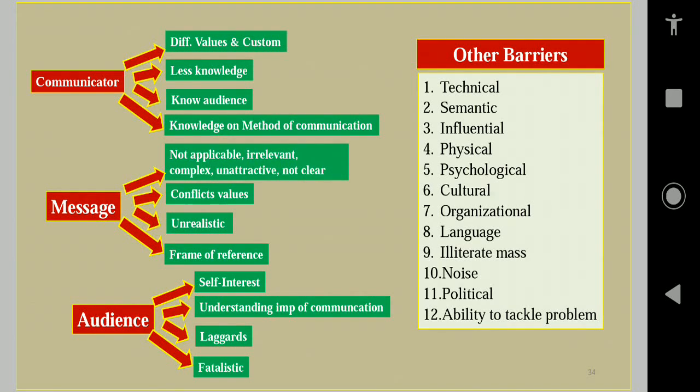Then unrealistic, if the message is unrealistic in terms of their local skills and resources. Last one is frame of reference: if the message does not have a frame of reference with the previous knowledge, then also there will be a problem.